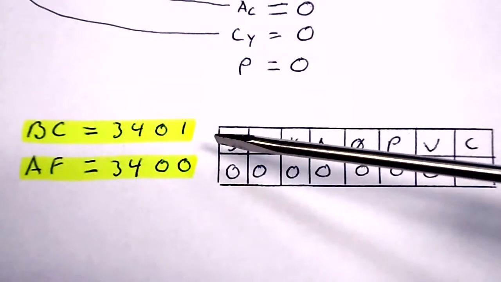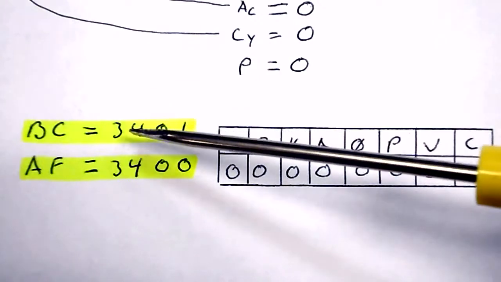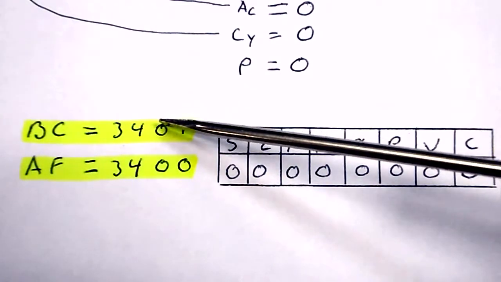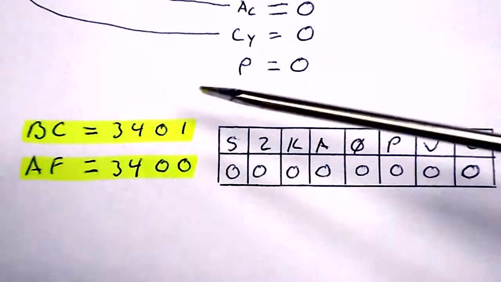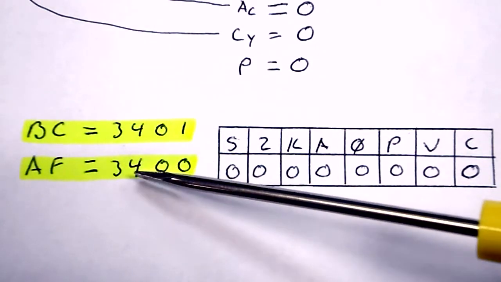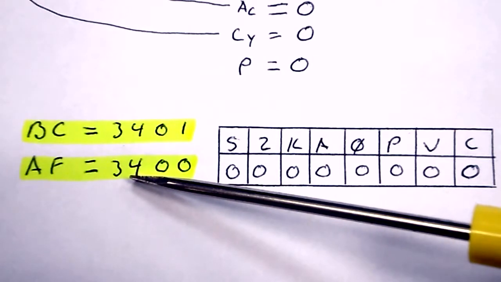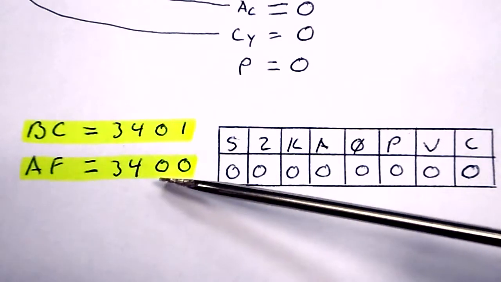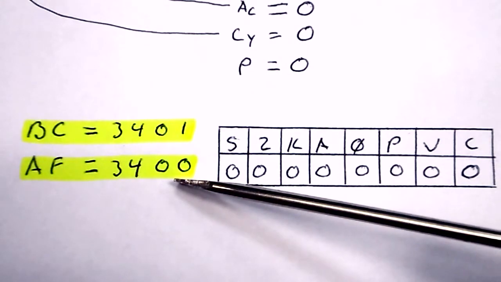So when the program is finished executing, the BC register pair should contain the answer 3401. The accumulator will contain the 34, which was the part of our calculation for the high order addition with carry, and the flag register should be 00.